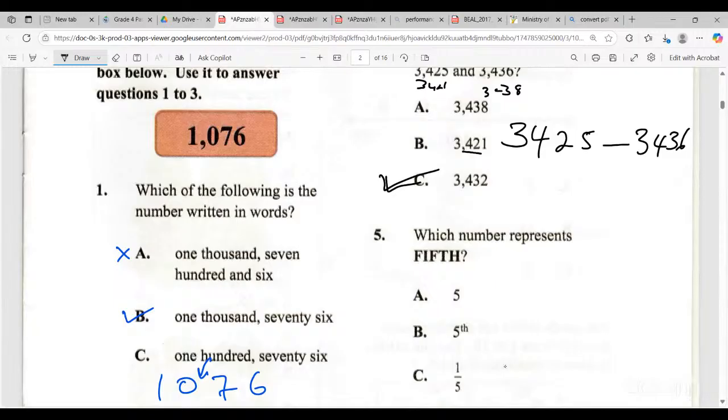All right, I'll go with B. Because I never say 1/5. But I think it could be this as well, you know.